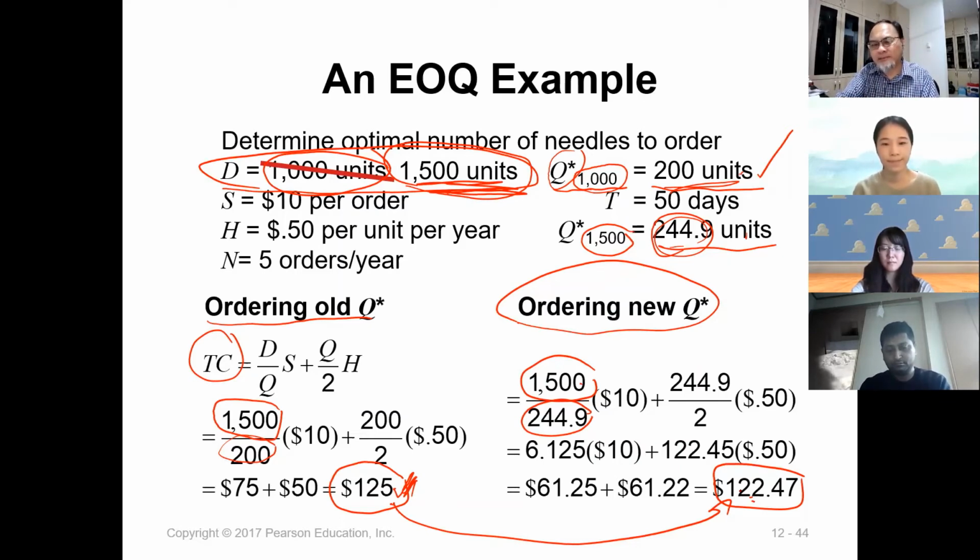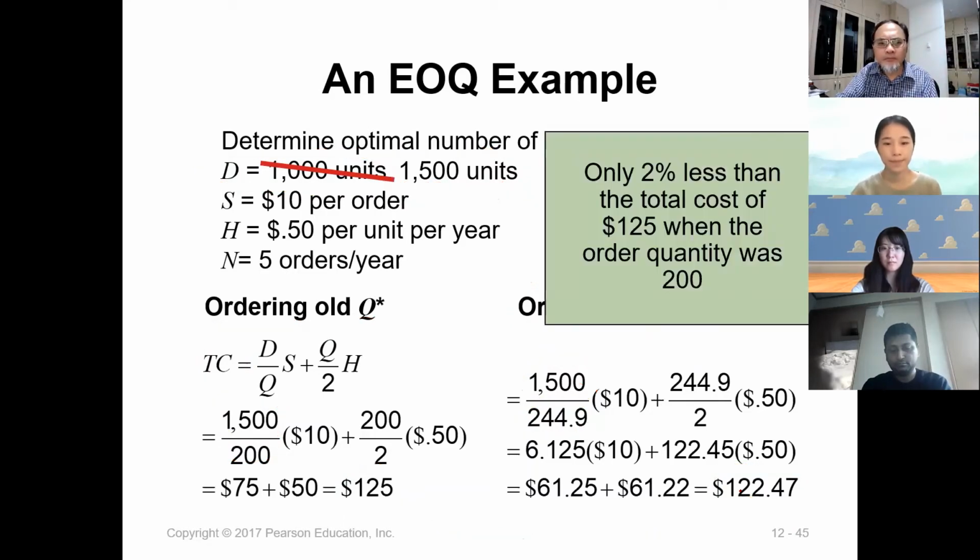It is robust, and if you have the opportunity to use it in factories, or even in a retail shop or any store, you can use this. This is very good. It's widely used. So it's only 2% less than the total cost of $125 when the order quantity was 200. Okay, so it's robust. That's what they mean by robust.